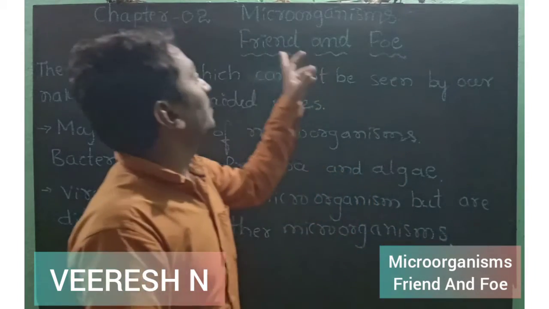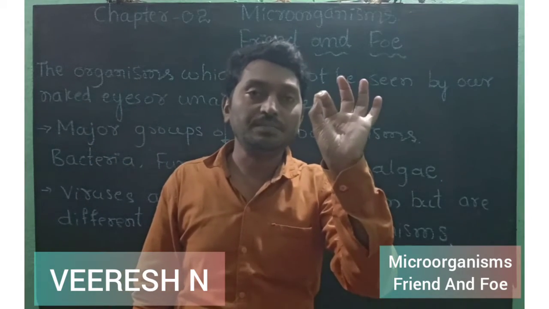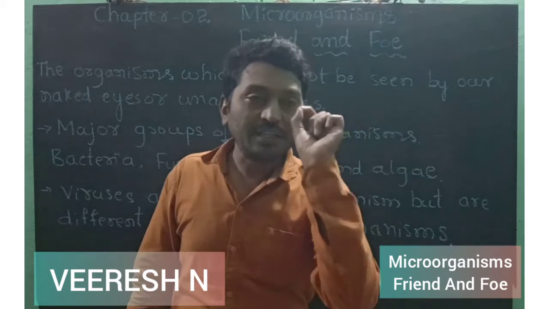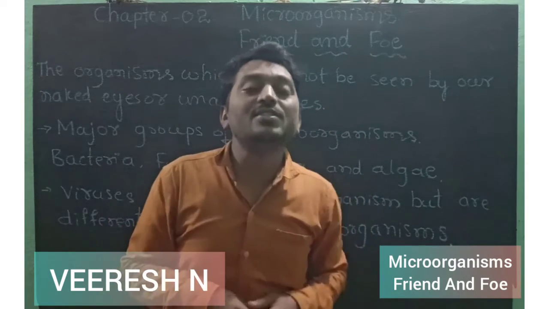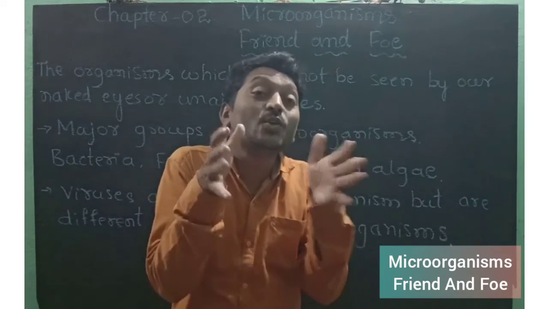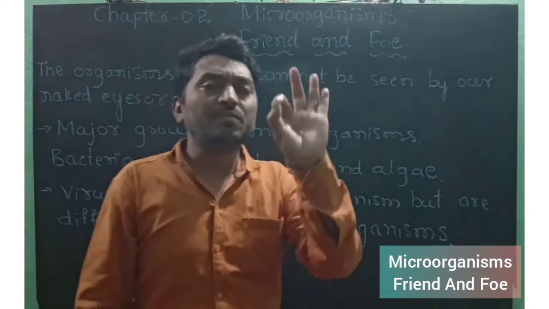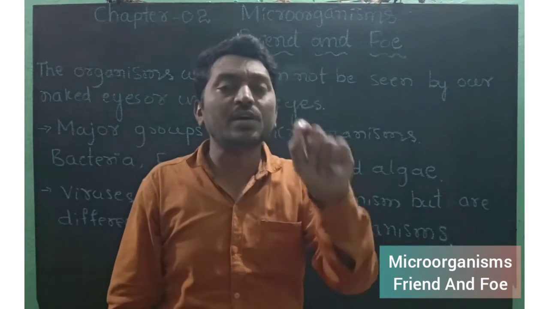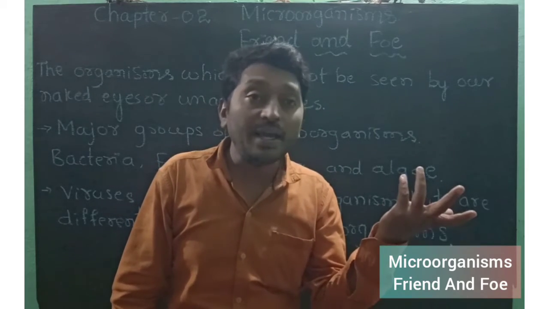Mainly, first the microorganisms. Micro means very small, tiny. Tiny in the sense that we are unable to see them with our naked or unaided eyes. They are called microorganisms, the very small organisms that we cannot see with our naked eyes.